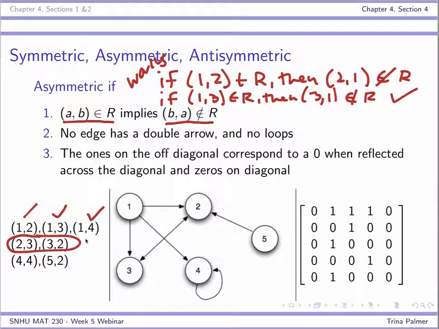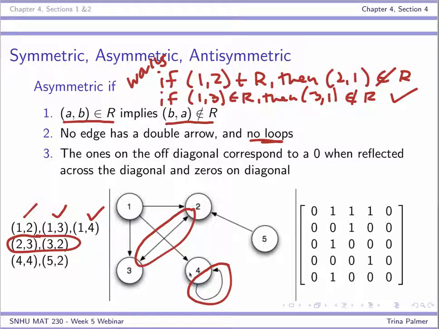So that tells me it's not asymmetric. In terms of the graph, no edge can have a double arrow, and I have a double arrow. It also has to have no loops, so the double arrow from 2 to 3 shows it's not asymmetric, but so does this loop. Either one of those shows it's not.